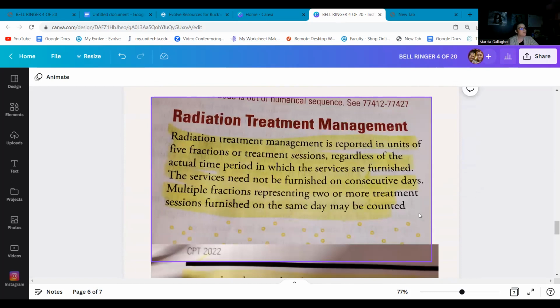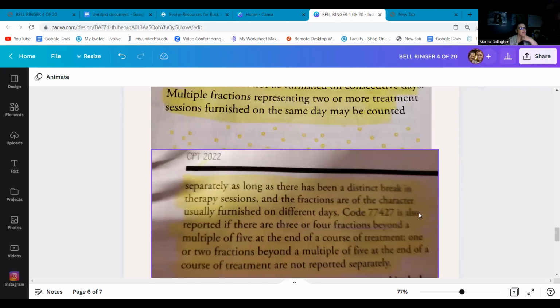Radiation treatment management is reported in units of 5 fractions. Remember, the first week we had 5. Are treatment sessions, regardless of the actual time period in which the services are furnished. The services need not be furnished on consecutive days.